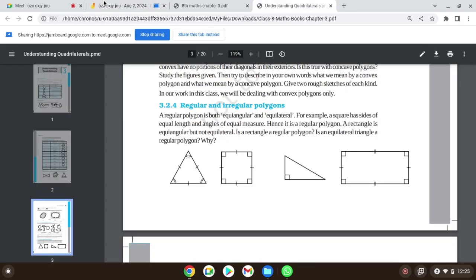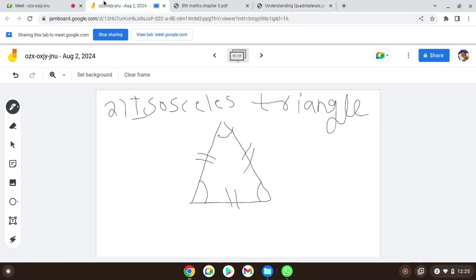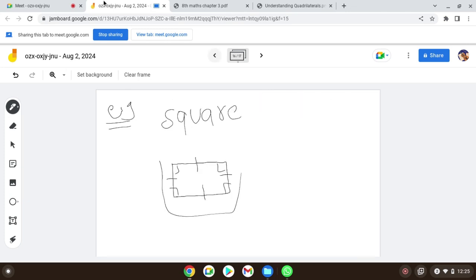And we also got pictures. We have to get the concept of equiangular and equilateral. So basically, this is equilateral and equiangular. Equilateral means which have the same sides. Very good.